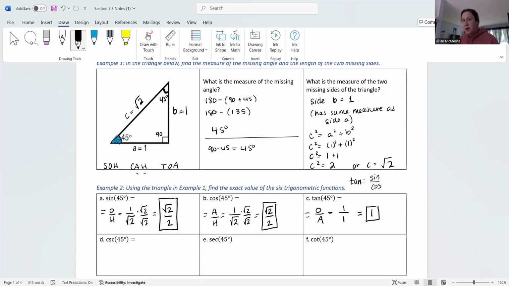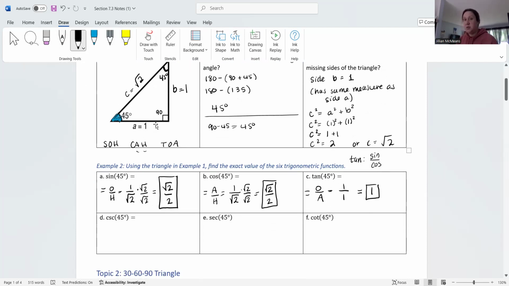Okay? Now, for the other 3 of the 6 trigonometric functions, we can use the reciprocal relationship between sine and cosecant, cosine and secant, and tangent and cotangent. I know that cosecant is 1 over sine, which tells me it's the reciprocal of sine.